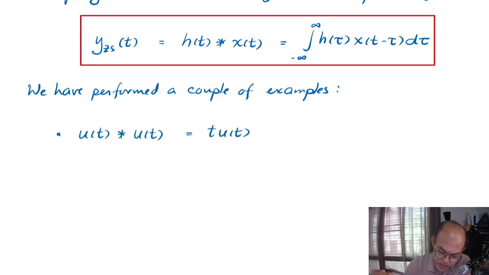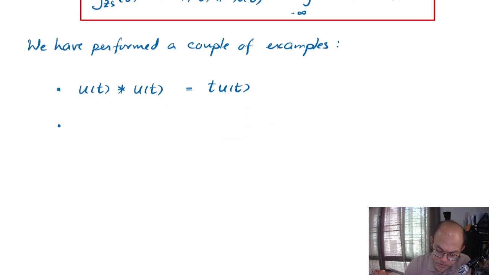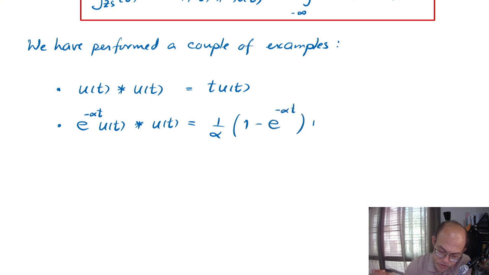And if we convolve the one-sided exponential signal with the unit step signal, the result would be 1 over alpha times (1 minus e to the negative alpha t) u of t.